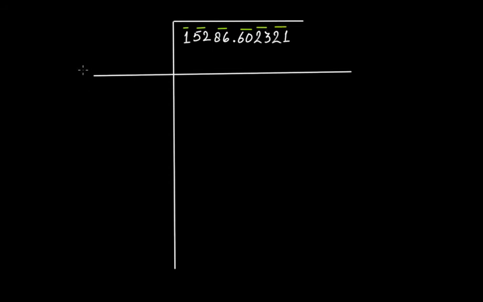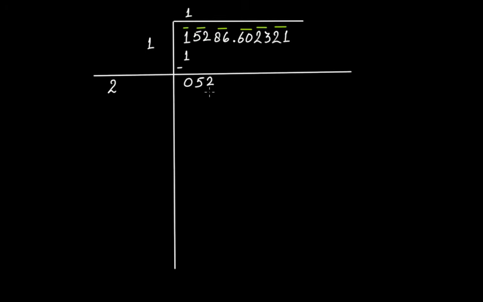Now clearly this is 1, so if you place 1 here, 1 times 1, you get 1. Subtract it, you get 0, right? Now this is 5 and 2. 2 times 1 is 2, right? The next step is you multiply this with 2.